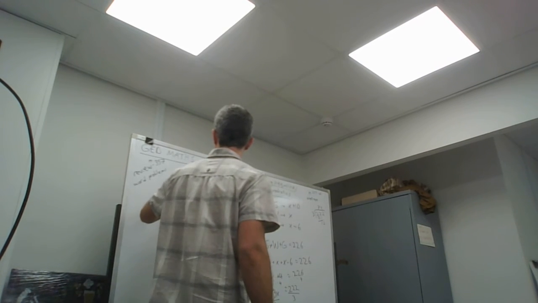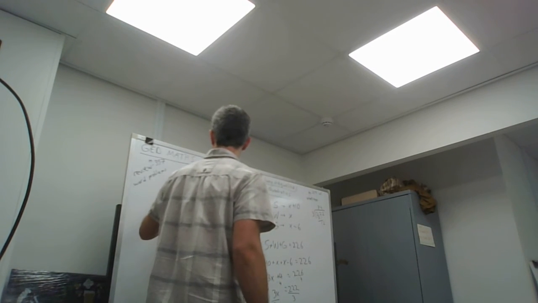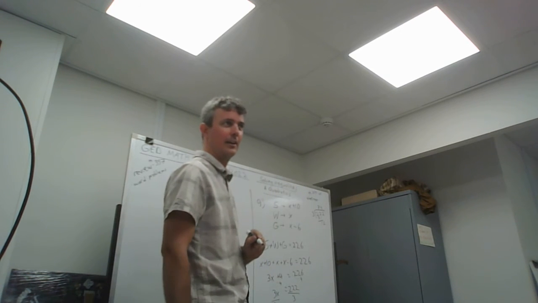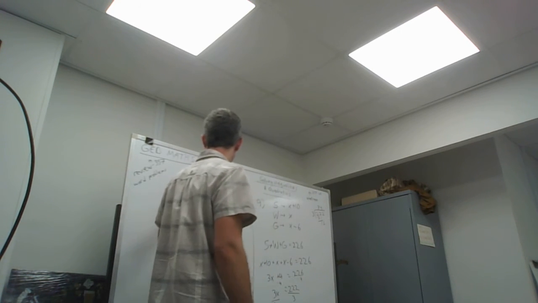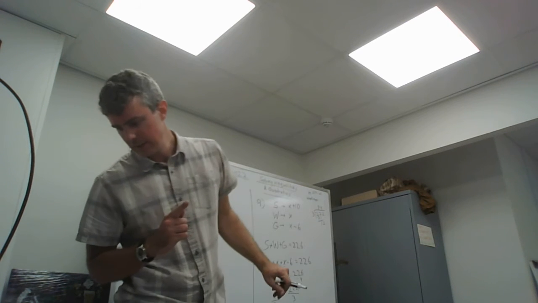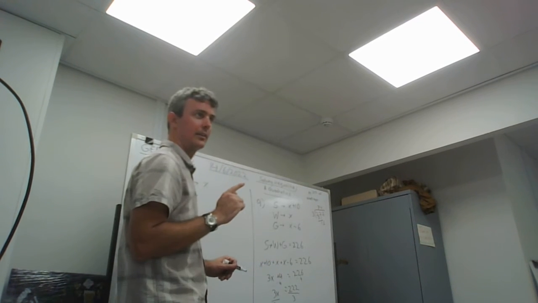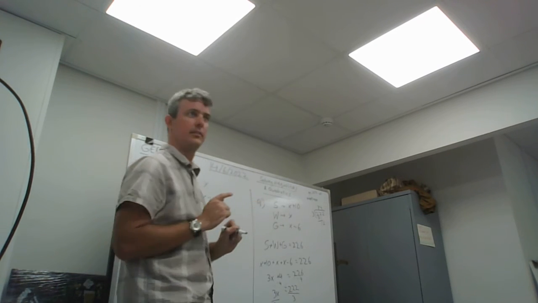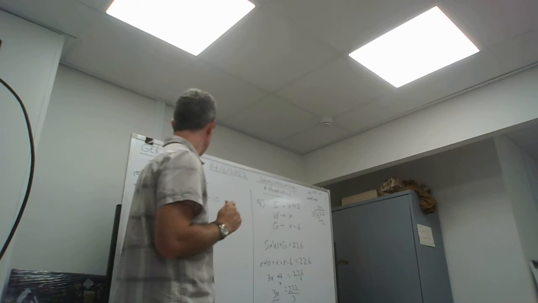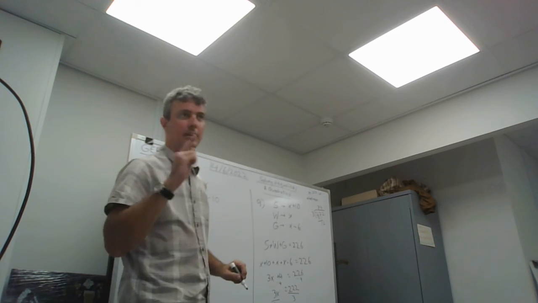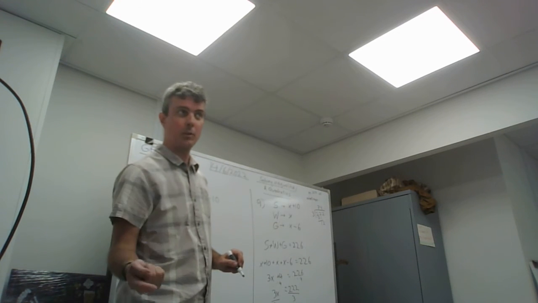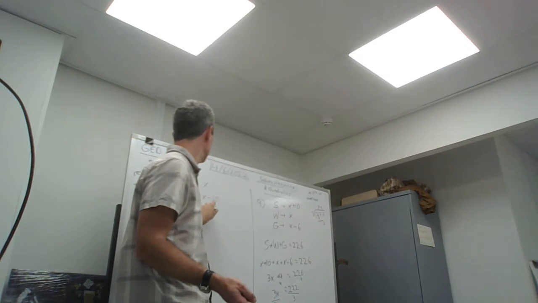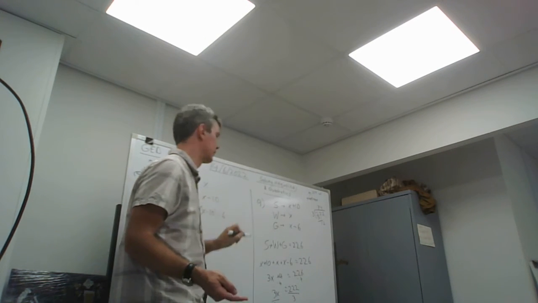S, W, and T. Sylvia's X, and it says Sylvia is 10 more than Wiley, so that means Wiley is X minus 10. And Greg is 6 less than Wiley, so if Wiley is X minus 10, Greg is X minus 10 minus 6.